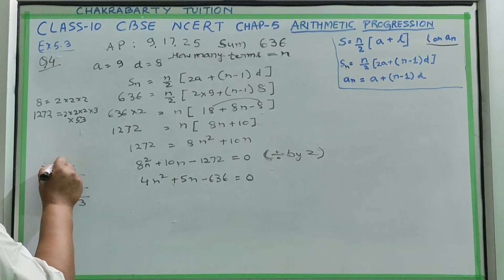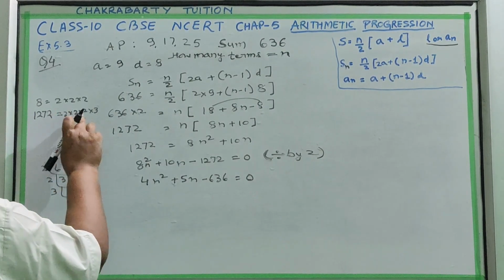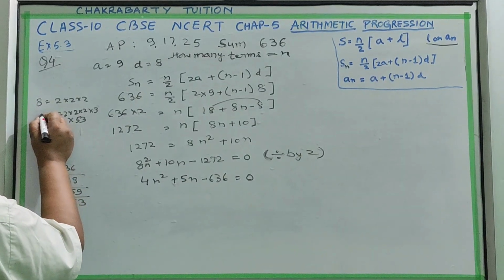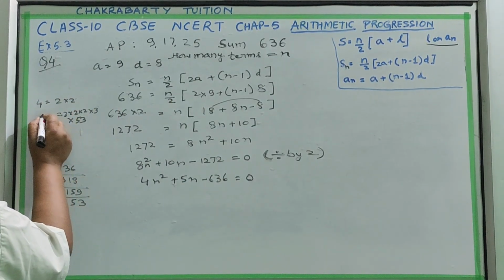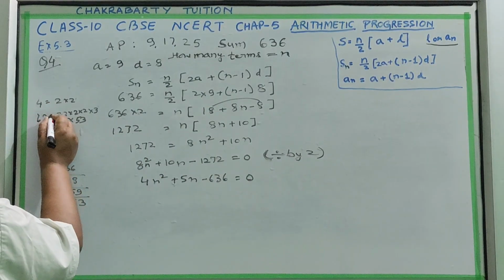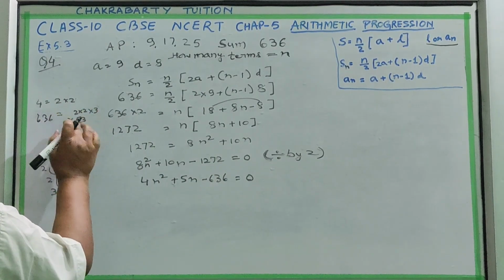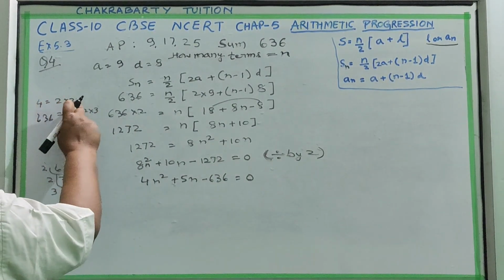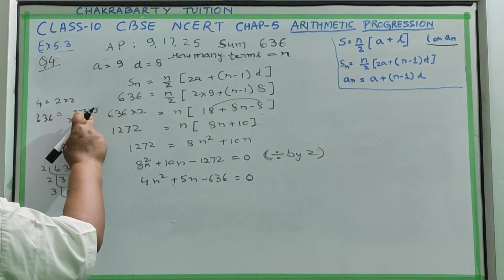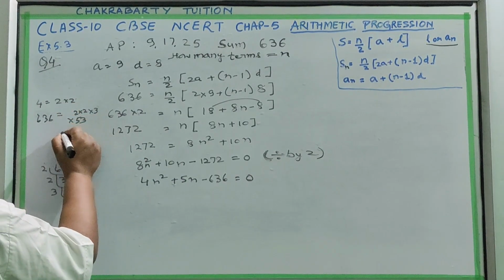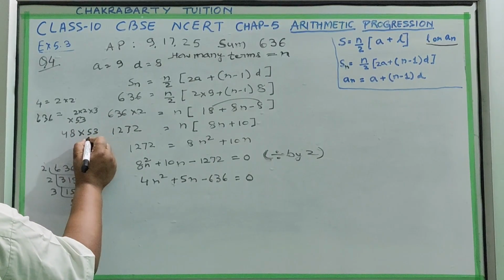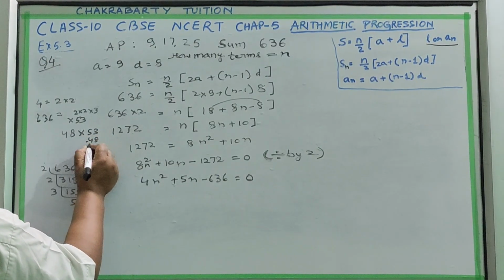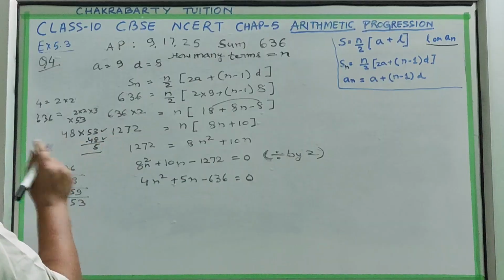So 2 is 4 and 636 is equal to now 2 4s are 8, 8 2s are 16, 16 3s are 48. So we have got 48 and 53, two factors, and if you reduce it, it comes to 5. So this is our factor sum.